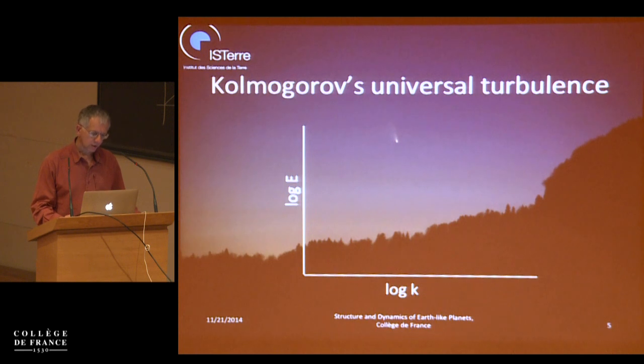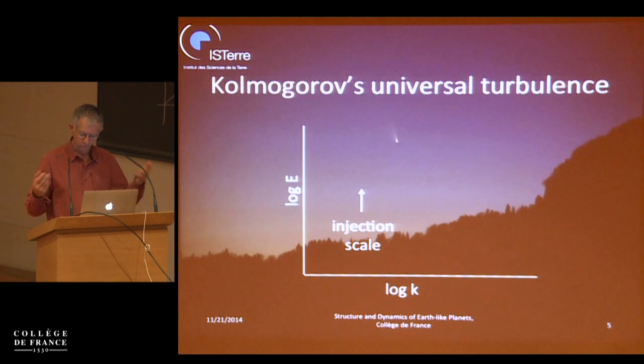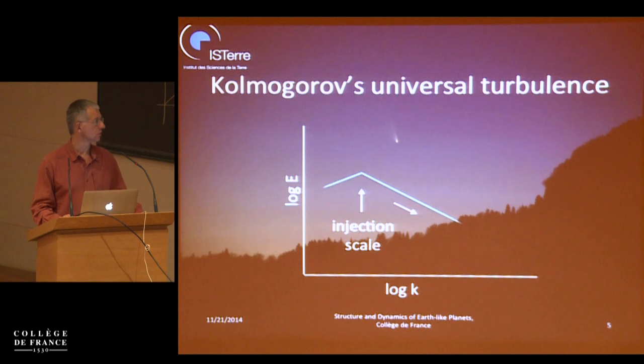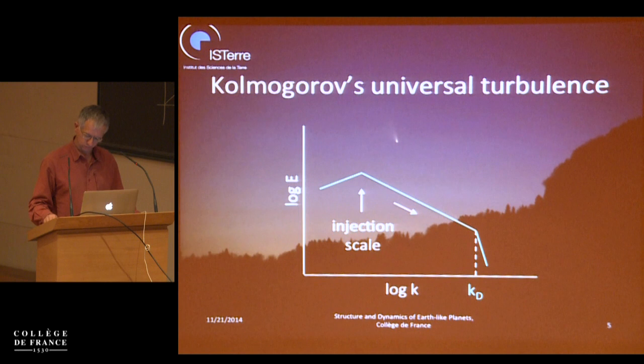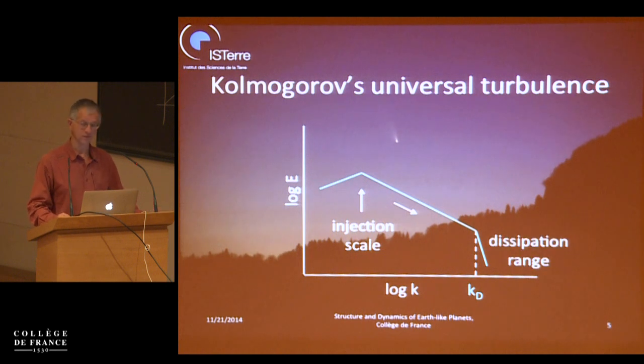And if you inject some energy in that system by some driving, mechanical, thermal convection or something, you expect, in fact, that's Kolmogorov's theory in 1941, that there is some cascade from this injection scale, the one here, to higher wave numbers, smaller length scales, along this line, down to some KD, some wave number where dissipation takes place due to viscosity.